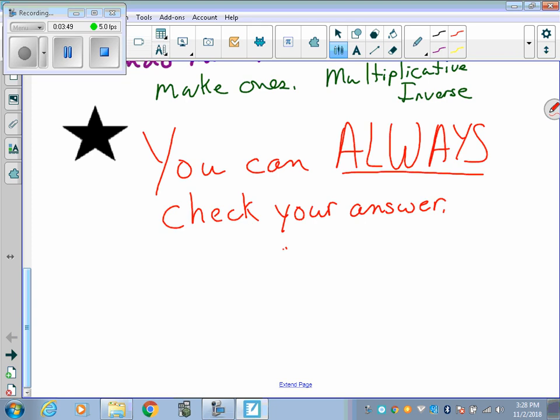Remember, the point of this is you're getting the variable by itself. Therefore, if you substitute that variable back in, you want to make sure that the two expressions are equivalent to each other, or they equal each other, meaning that you solved the equation.